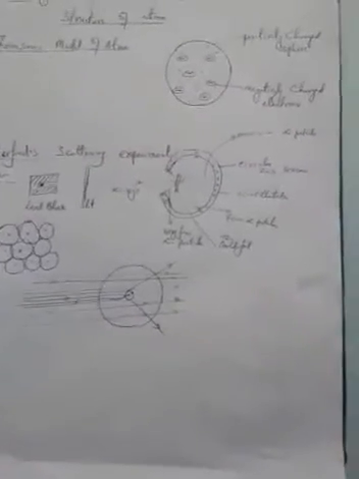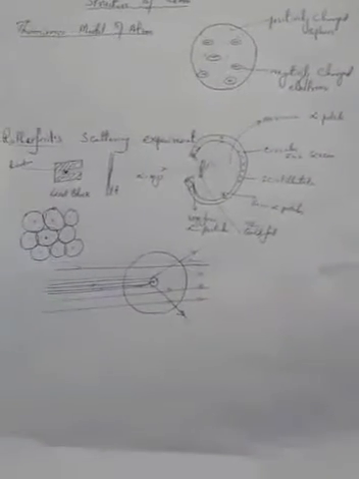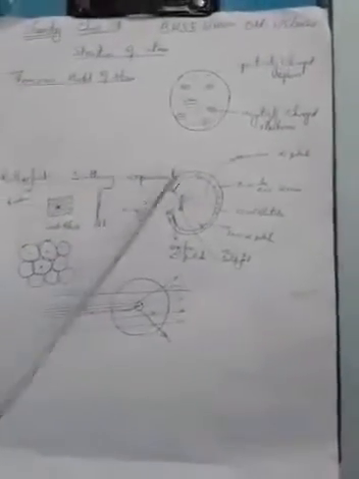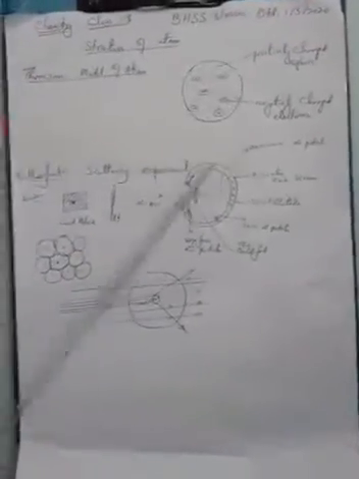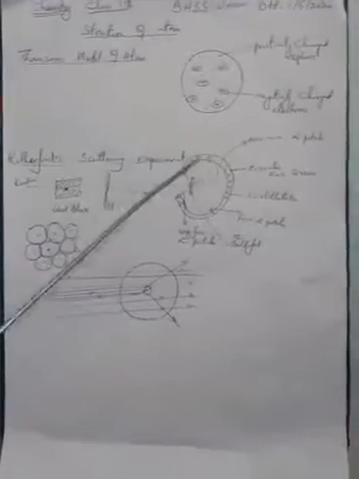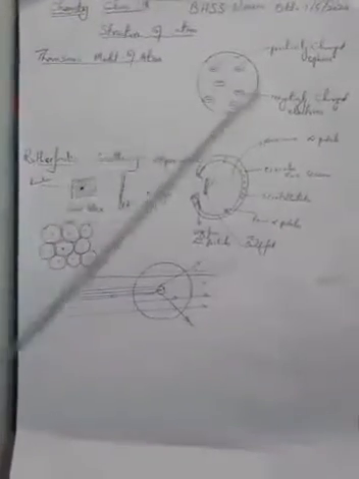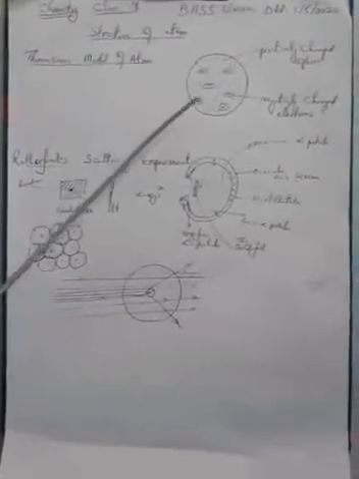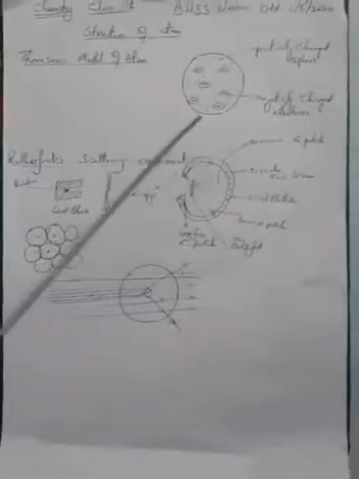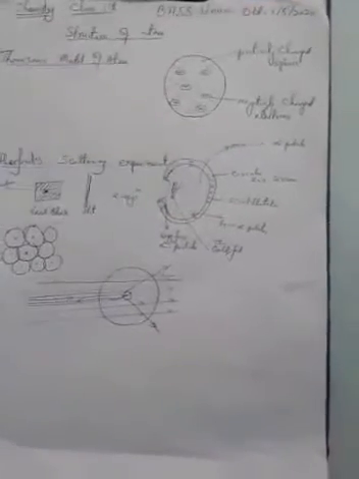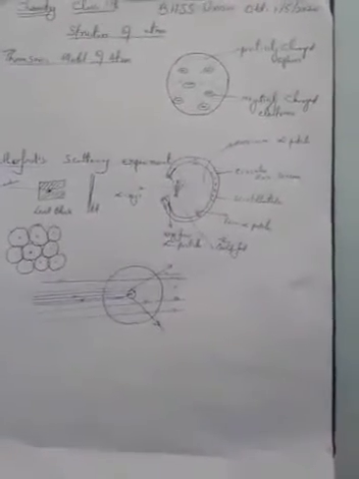According to Thomson, the atom has a spherical shape, and the sphere has a radius of about 1 angstrom, that is 10 raised to power minus 8 centimeters.